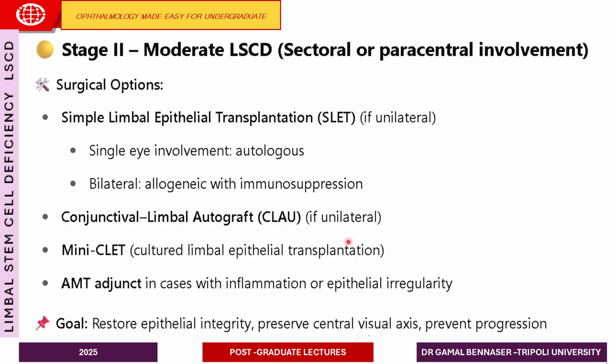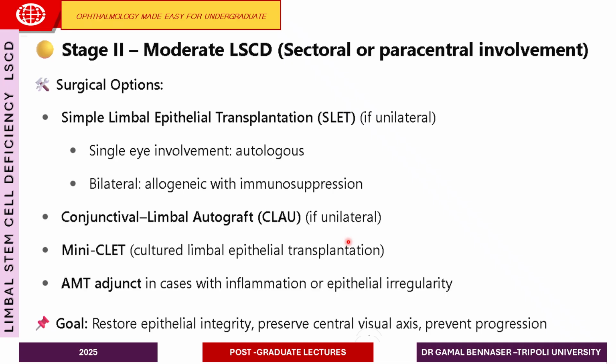The gold standard is that medical treatment should be applied first, and then surgical management is optional if there is failure of medical treatment, no improvement of the patient's symptoms, and there is progression or deterioration to an advanced disease. At that time, we have to intervene surgically, starting with the simplest way, which is the SLET procedure that we will explain later on.